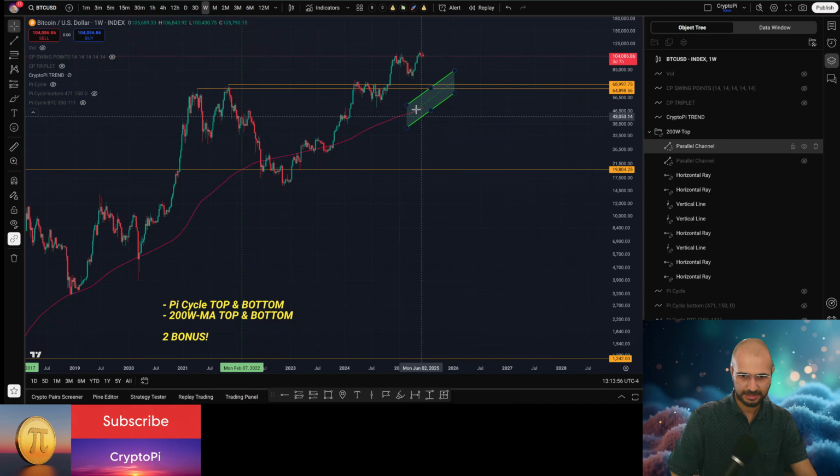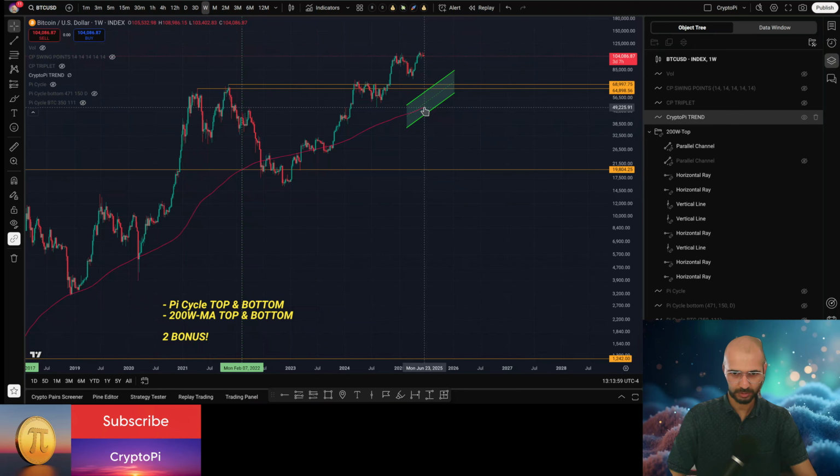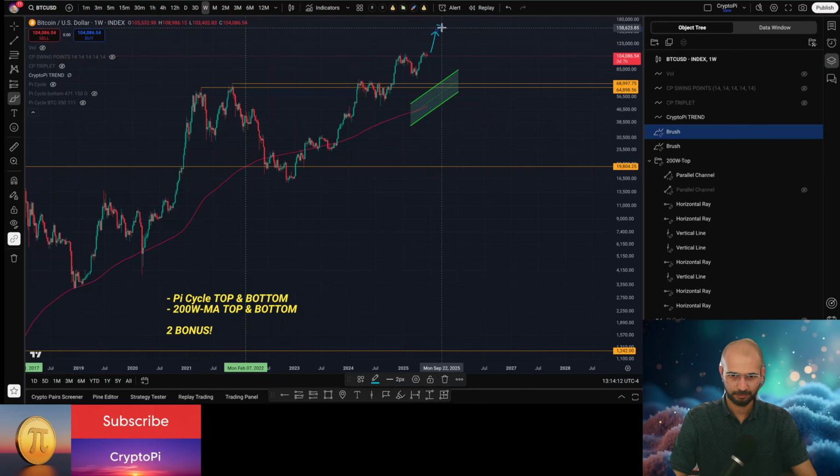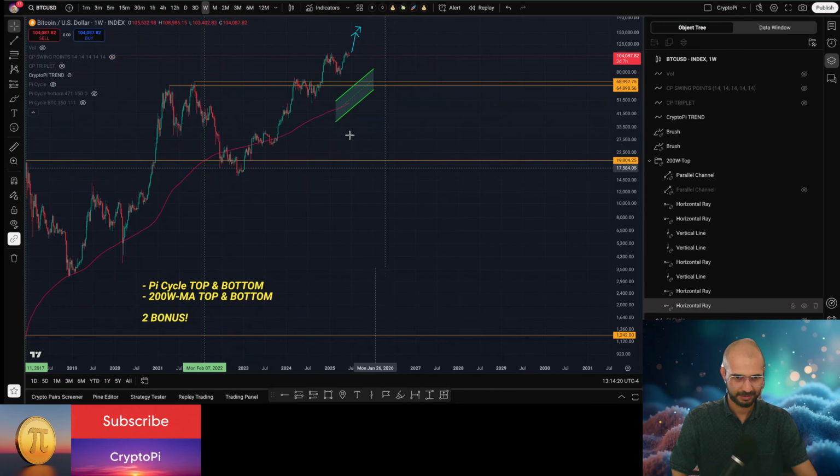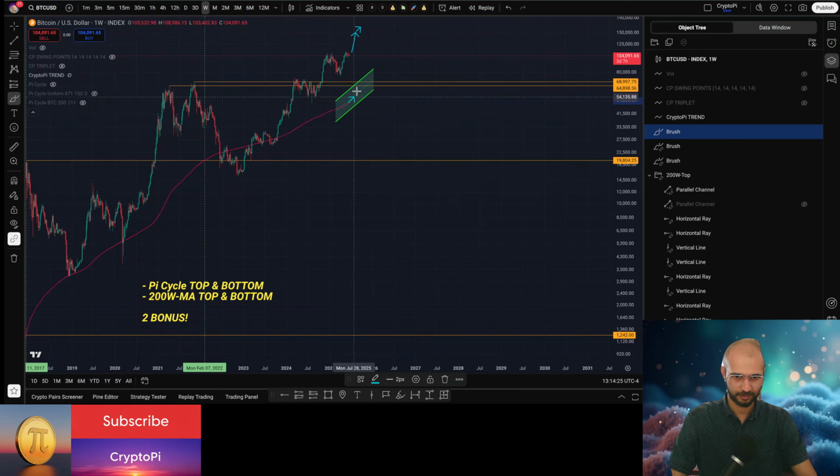Now, let's say for whatever reasons of macroeconomics, there is some QE happening in the next month or in 2 months, we might see the price of Bitcoin start rising parabolically or make a quite exponential run. But how does that affect the 200-week moving average? It would quite likely also go like that.